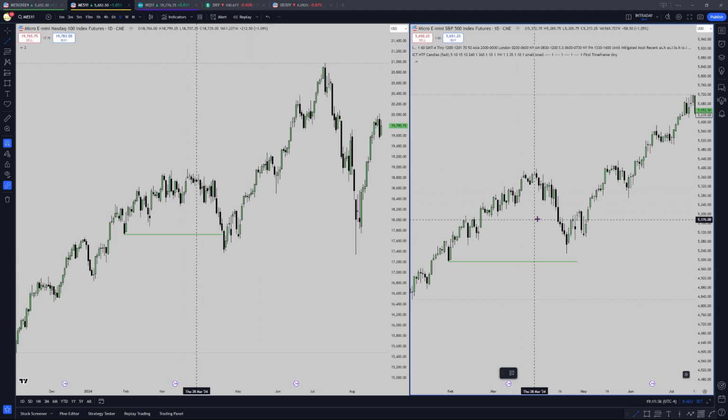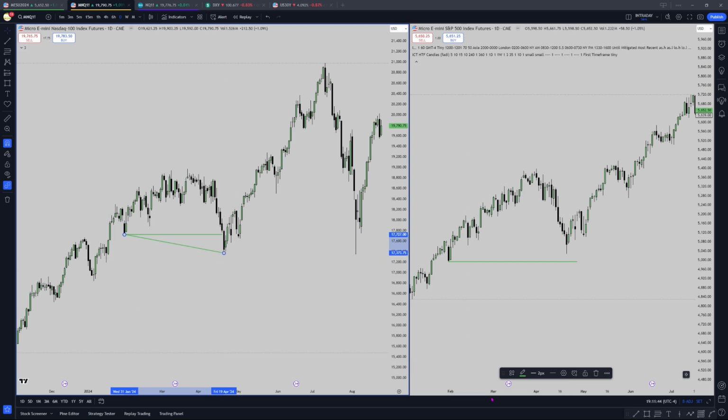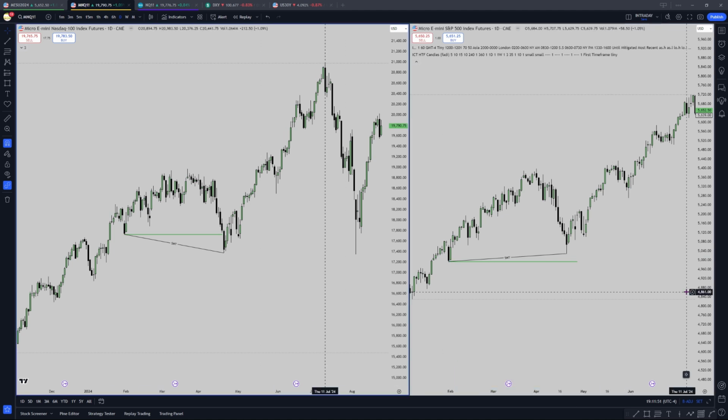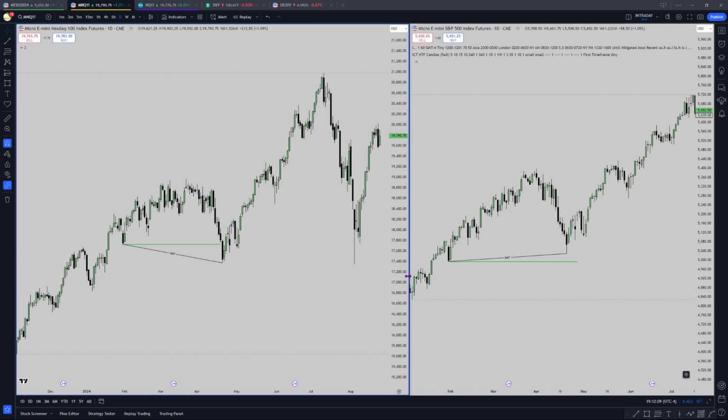They're supposed to move in the same direction, making lower lows together, higher highs together. But when one makes a lower low, like we do on NASDAQ, and the other makes a higher low, like we did on the ES, this is a sign that smart money is in this area and they don't want to continue pushing price in the current trend. So we're in a clear downtrend. The NASDAQ sweeps this low while ES doesn't. This is also on the daily time frame, so the higher you go up on the time frames, the stronger the SMT will be.